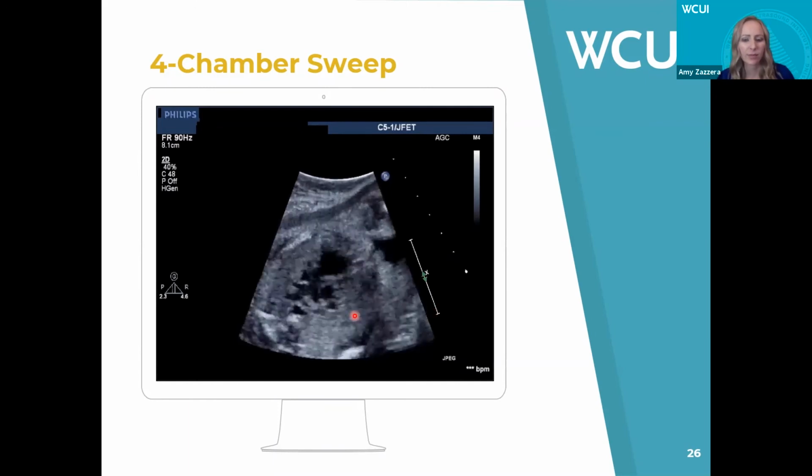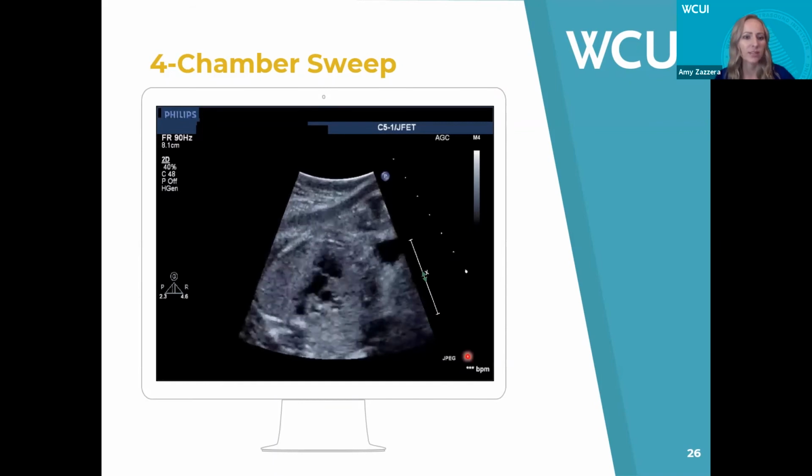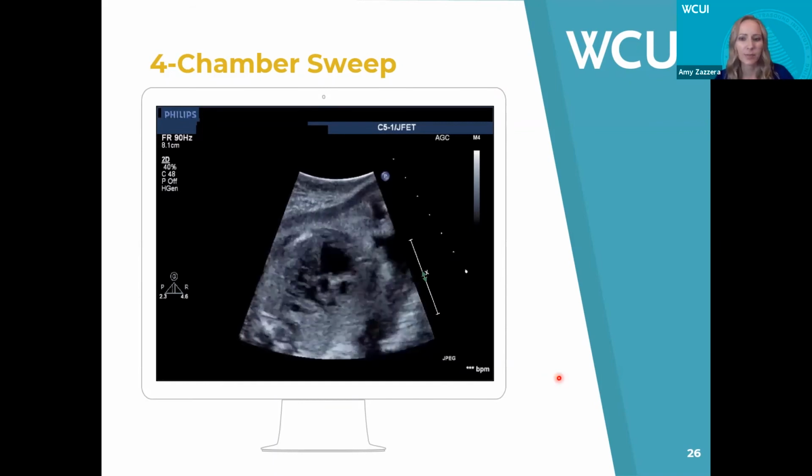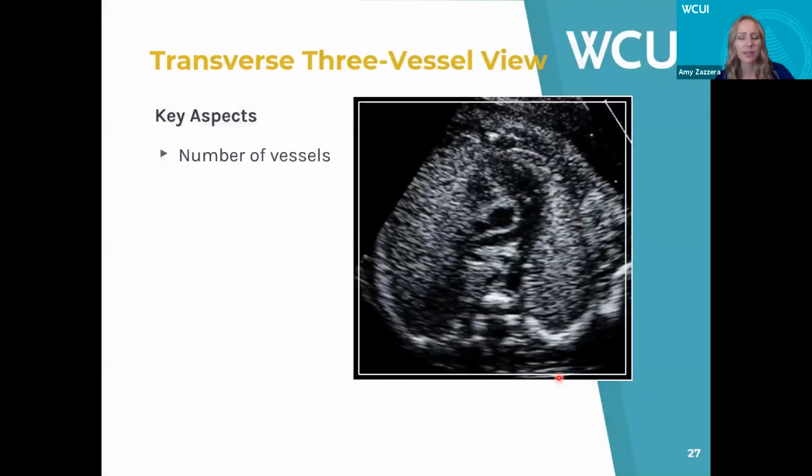And the 3-vessel view is so important. It tells us so many things. We're going to look first at the number of vessels, okay? And then we're going to look at the position of the vessels. From left to right, it should go pulmonary artery, aorta, and then SVC.